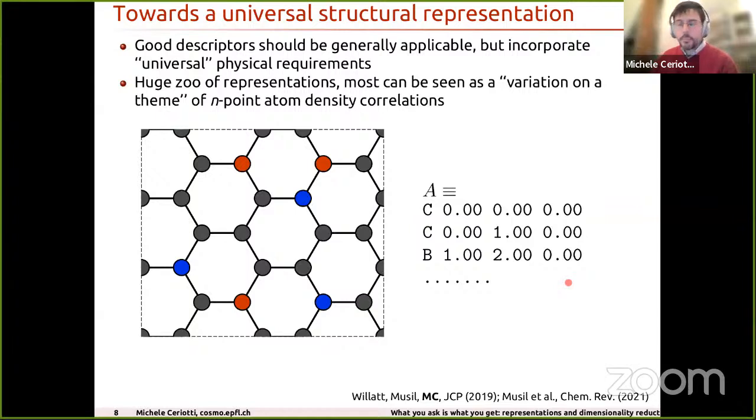And over the past couple of years, we have been working on some kind of a unified framework to introduce and construct representations. And the idea is basically to start from the Cartesian coordinates and operate on them in such a way that you progressively make the description more and more symmetric.